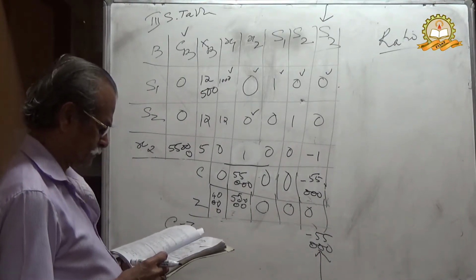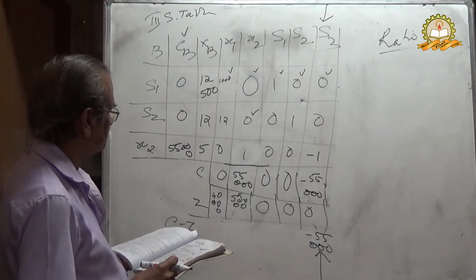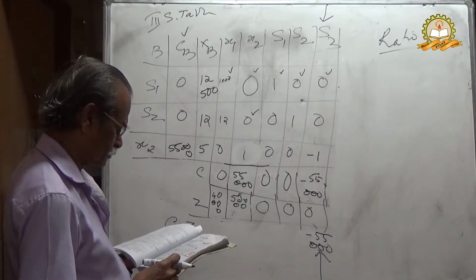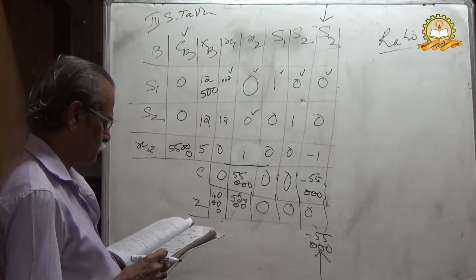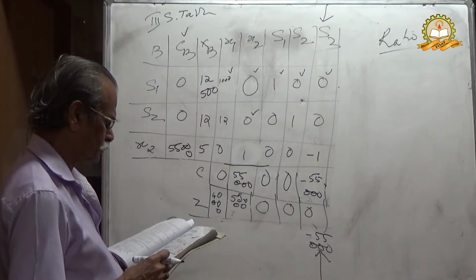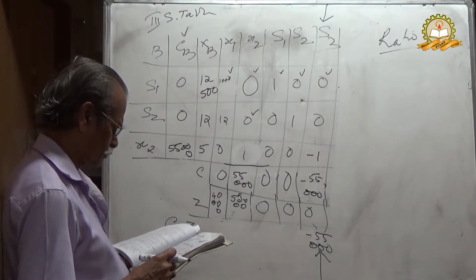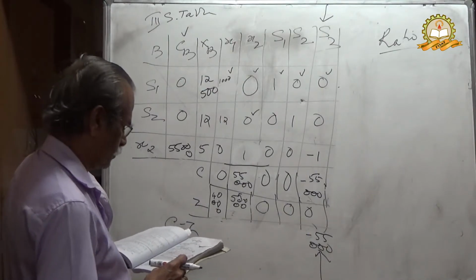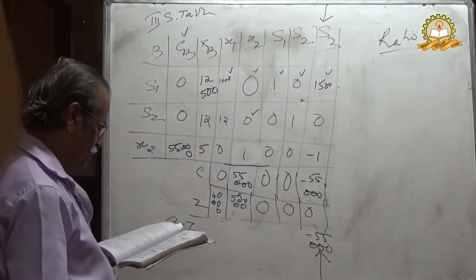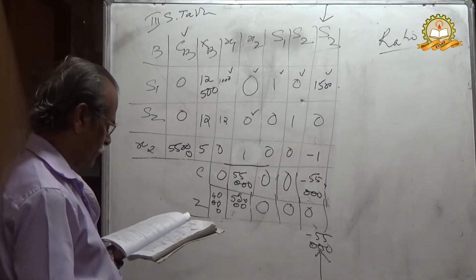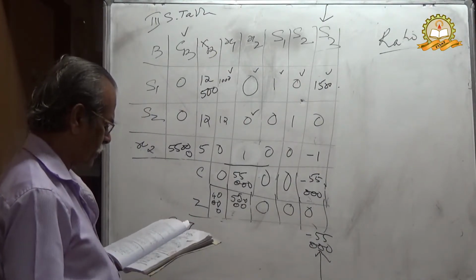Here the value will be 1500. Please note, the value under row number 1, under S3 will be 1500.